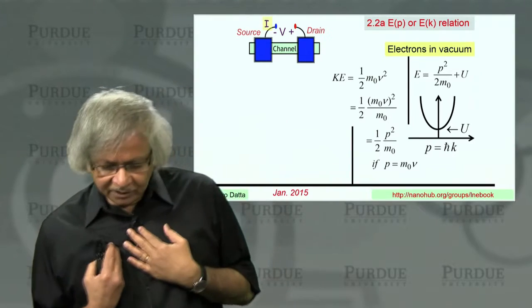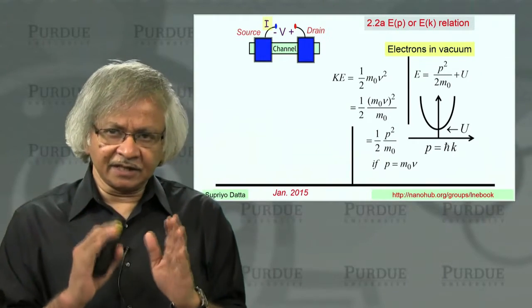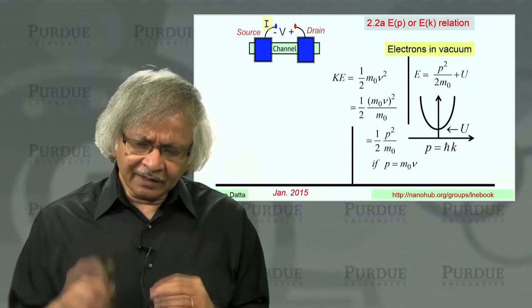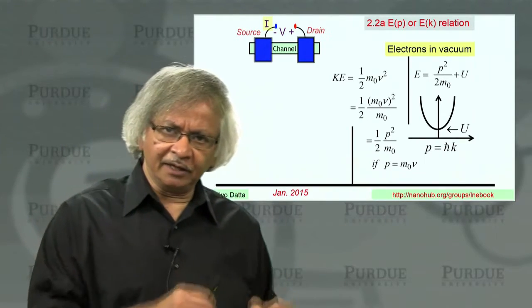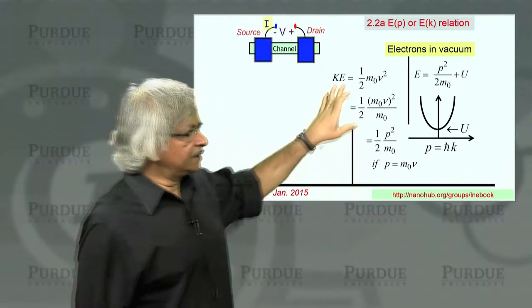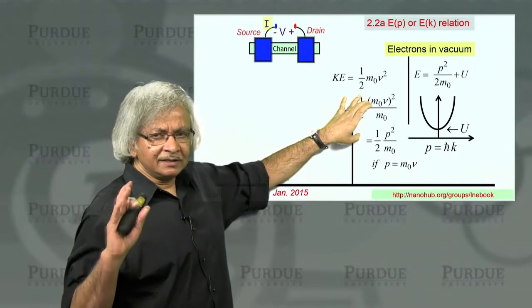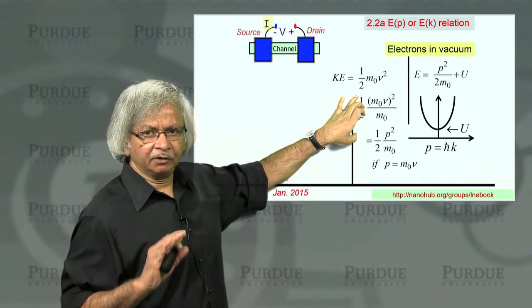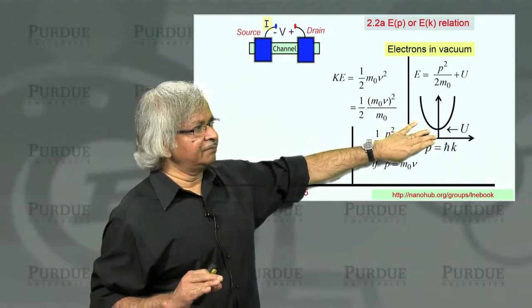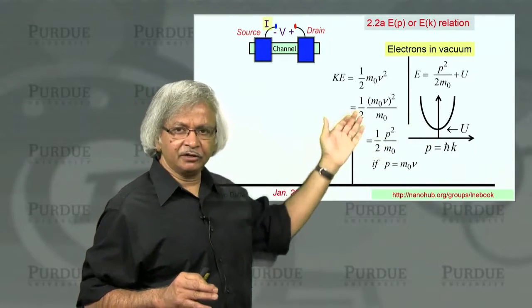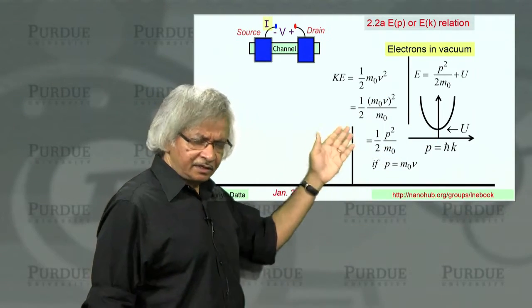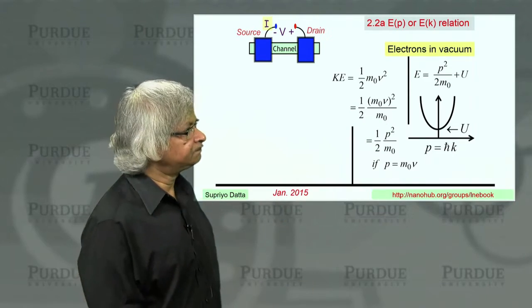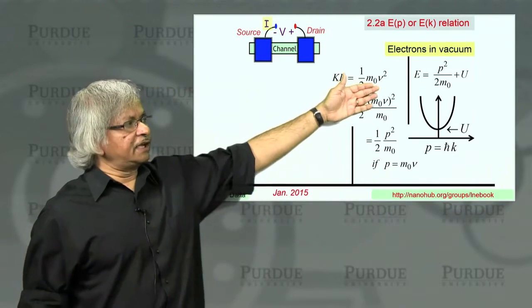So the way we normally think is velocity is the important thing, and then if you want momentum, you multiply by m. But that's really not the general way of doing this. It's the momentum that comes first, and from that you have to deduce the velocity in a certain way that we'll talk about. Okay, so this of course is an electron in a vacuum.